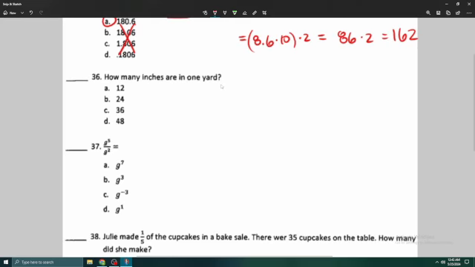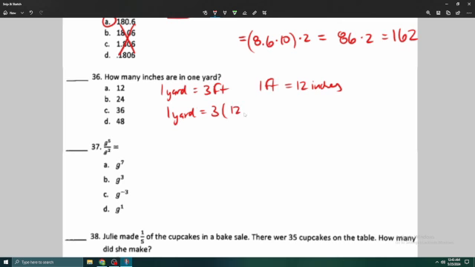How many inches are in 1 yard? Well, I know that 1 yard is 3 feet, right? And if 1 foot is 12 inches, well, 1 yard is equal to 3 times 1 foot, which is really 12 inches, right?